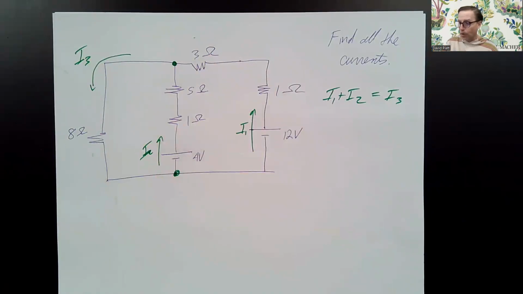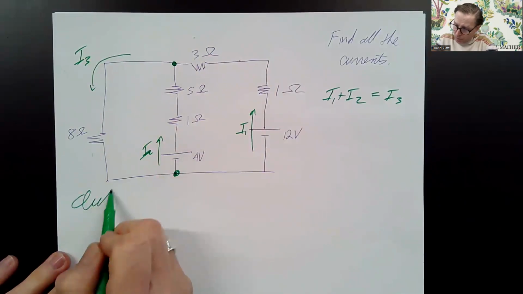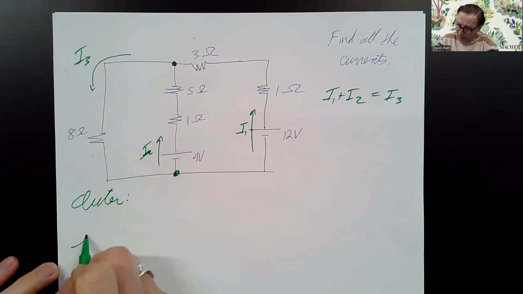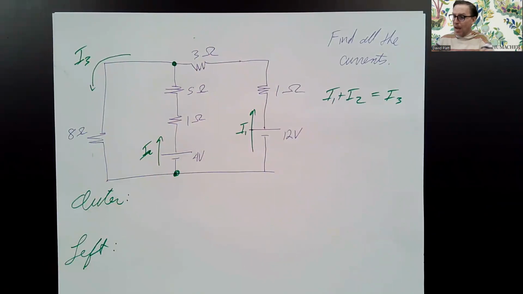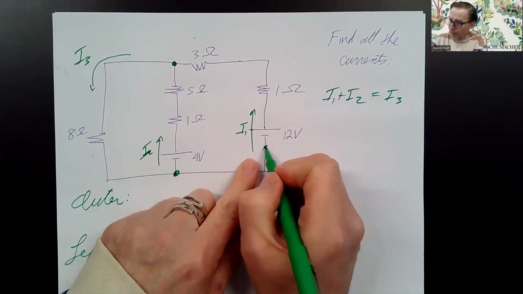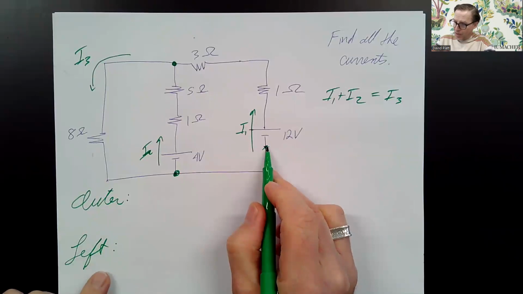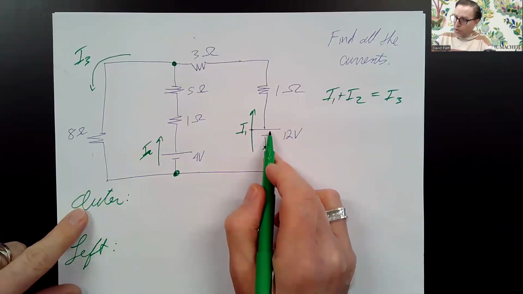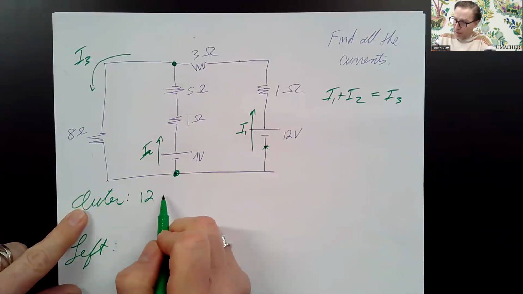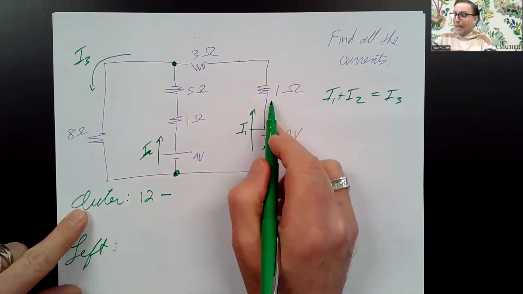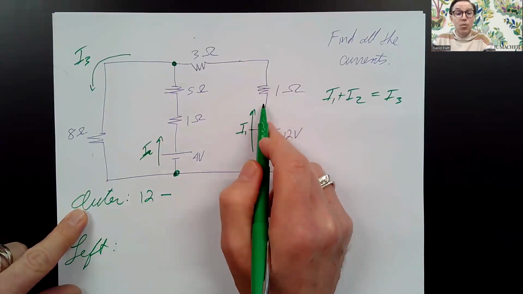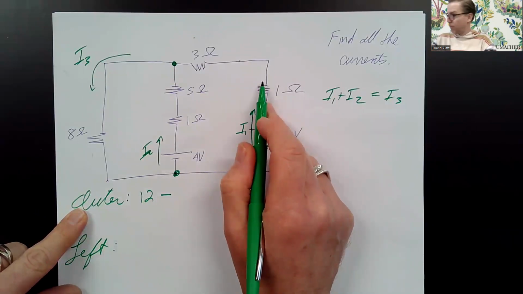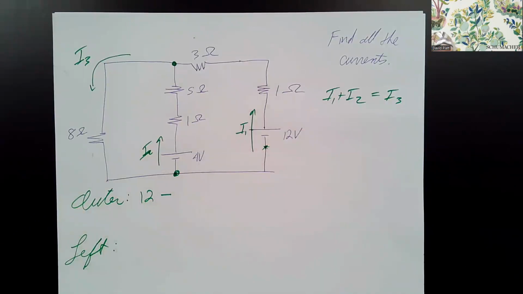So I'm going to do an outer loop equation and a left loop equation. I always like to start here on the negative end of the battery. So outer first: 12 volts minus, I don't know this potential difference, I don't know how many volts this is, but V equals IR. Remember V equals IR?